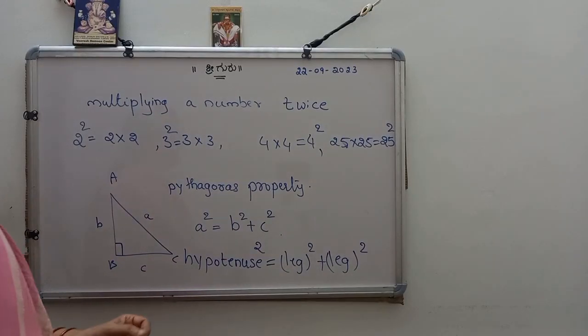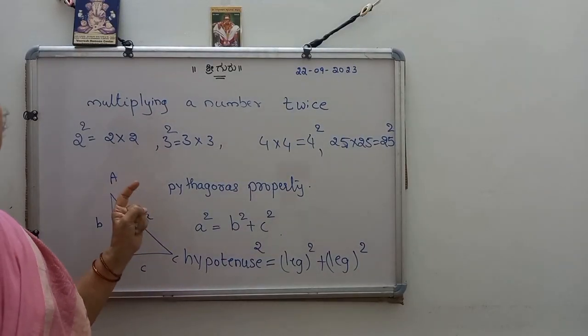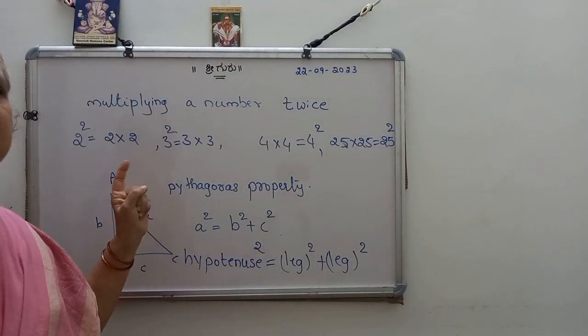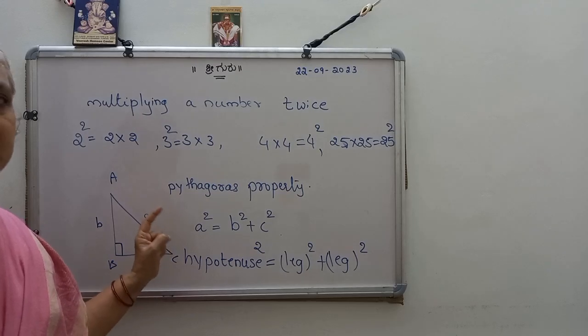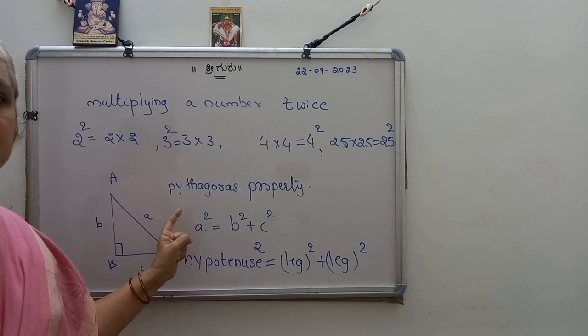We define that type of multiplication as square of the same number. Means that same number is multiplied 2 times. Did you understand, Rachu? Arya?